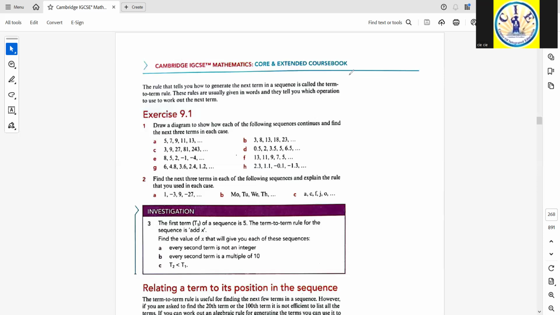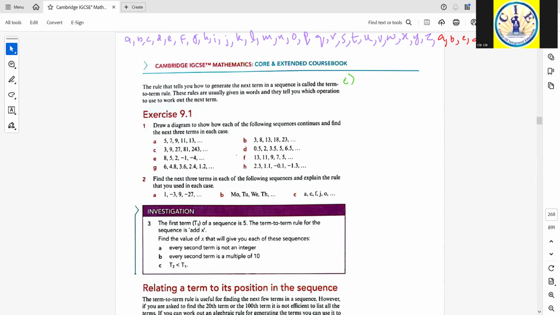For part C, now let me erase all of this. Part C. For part C, that would be more handy if I write it like this: A, B, C, D, E, F, G, H, I, J, K, L, M, N, O, P, Q, R, S, T, U, V, W, X, Y, Z. Then again A, B, C, D, E, F, G, H, I, and so on.